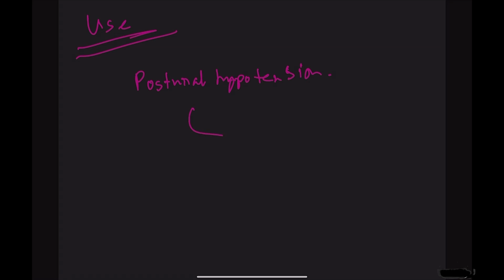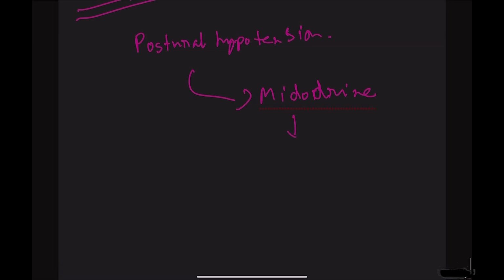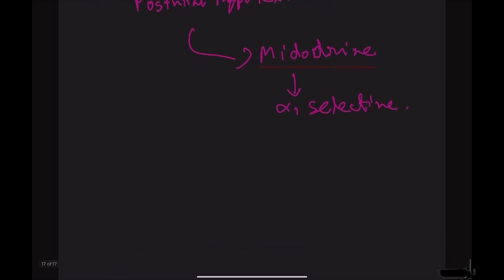In postural hypotension, we use midodrine. Midodrine is an alpha-1 selective agonist, and this alpha-1 selective agonist causes vasoconstriction and increases the blood pressure.